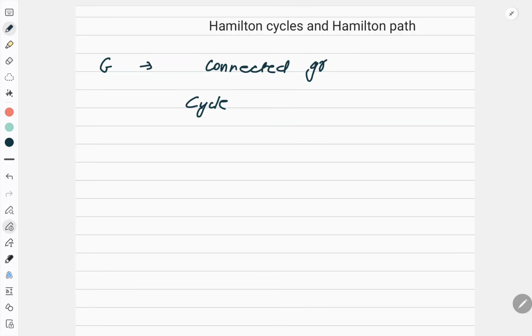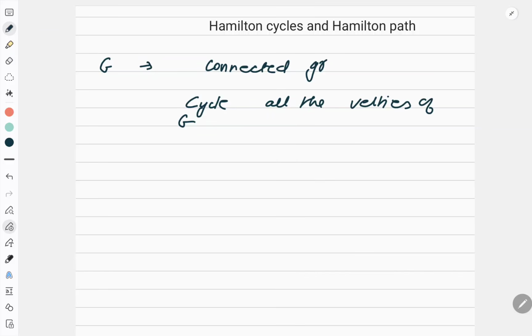So I should have a cycle in it in such a way that it contains all the vertices of G. Then it is called a Hamiltonian cycle in G, and the graph is called a Hamiltonian graph.